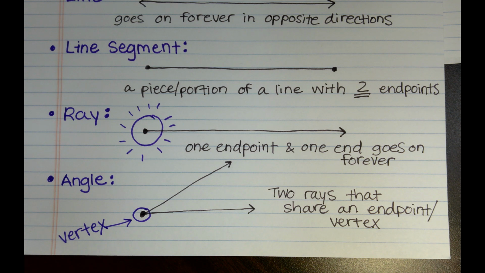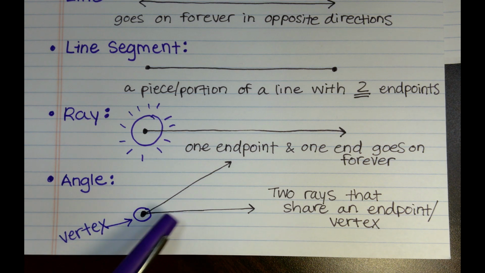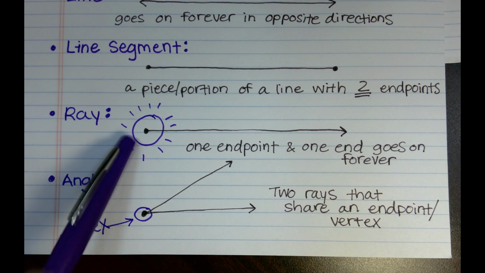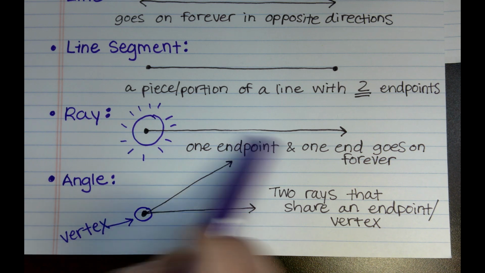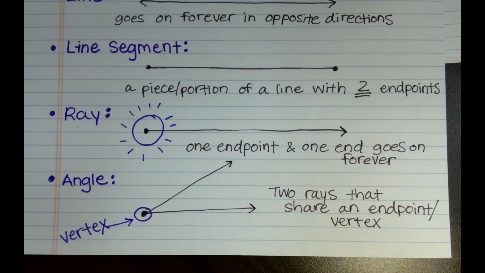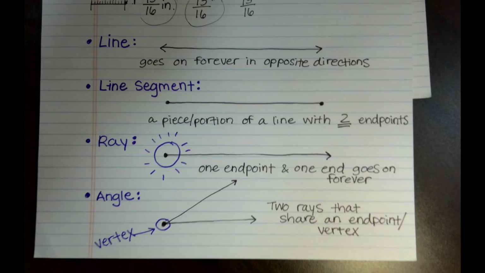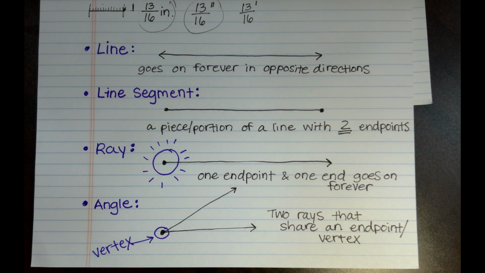Yes, the vertex is going to be telling us where those two lines meet. They're going to be forming an angle, and it's typically like the corner of something. That vertex is going to be touching at least two lines. An endpoint is typically just connected to one line, depending on the context.